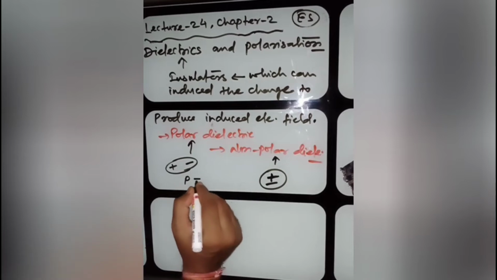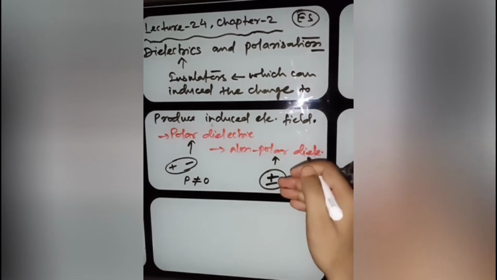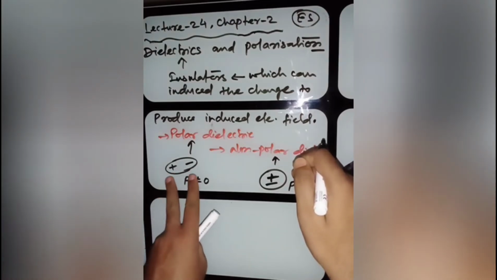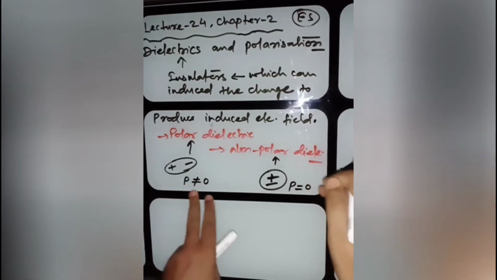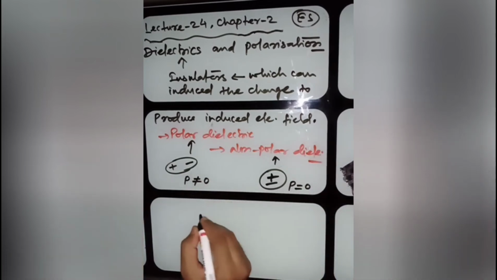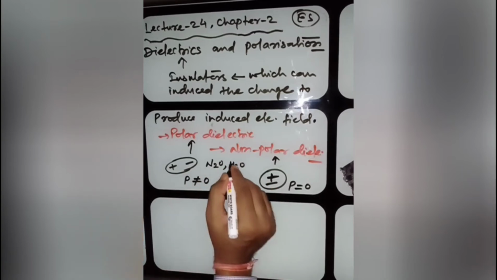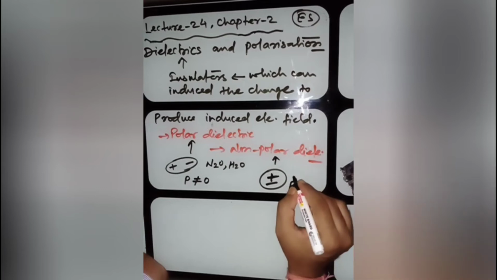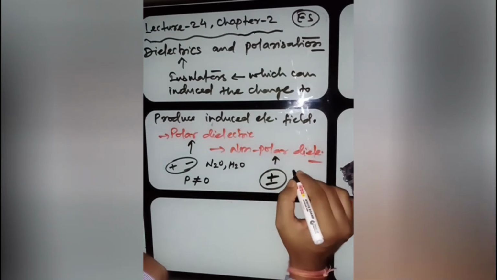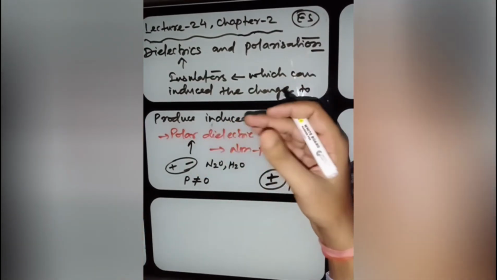For a non-polar dielectric, the dipole moment is zero, because the positive and negative charge coincide. Examples of polar dielectrics are N2O and H2O; for non-polar, you can take H2O2, etc. There are a number of polar and non-polar dielectrics.